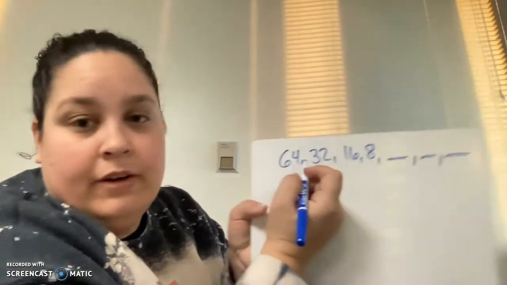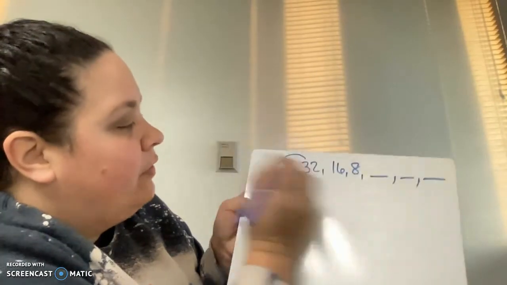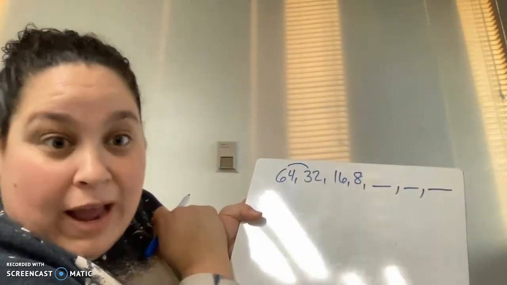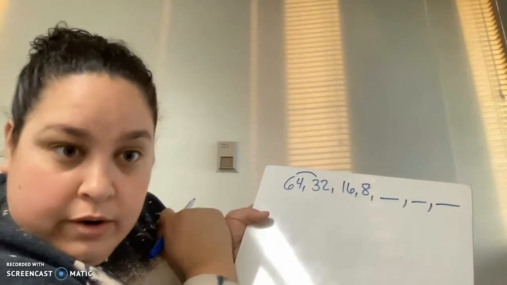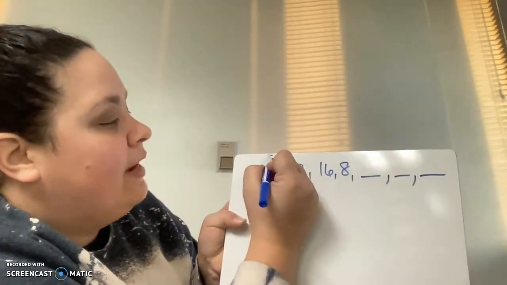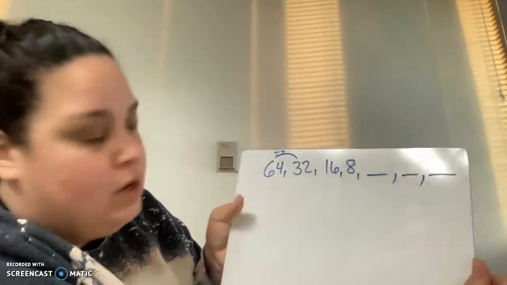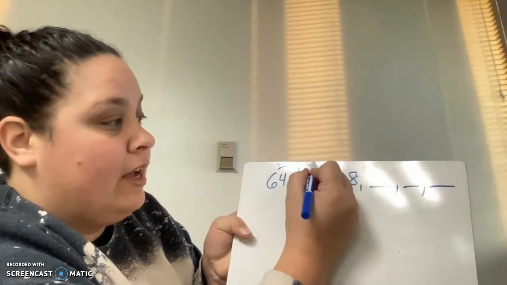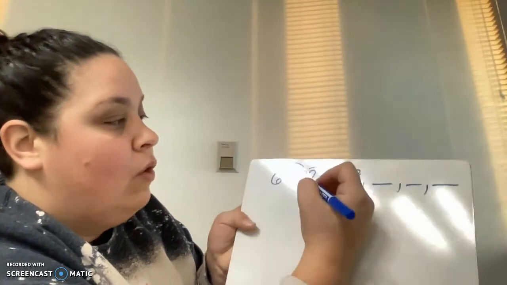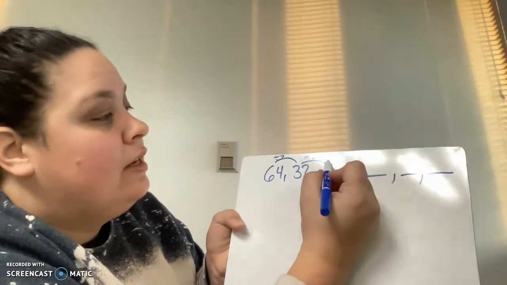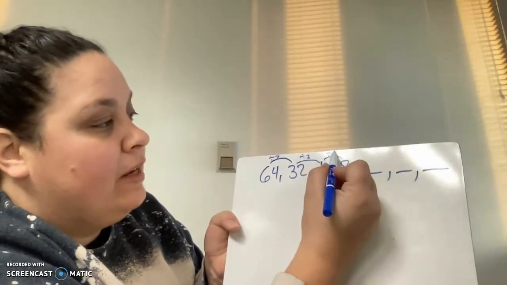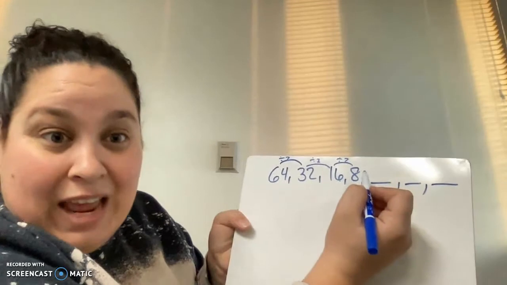So I'm going to look at my pattern and say, okay, to get from 64 to 32, I'm either subtracting 32 or I'm dividing by 2. Okay, well here also looks like I'm dividing by 2 or subtracting 16. Here it looks like I'm dividing by 2 or subtracting 8.